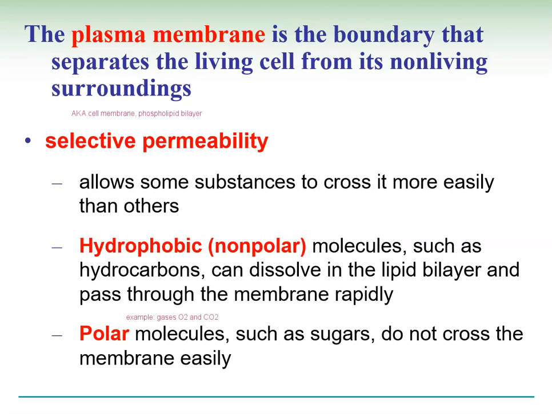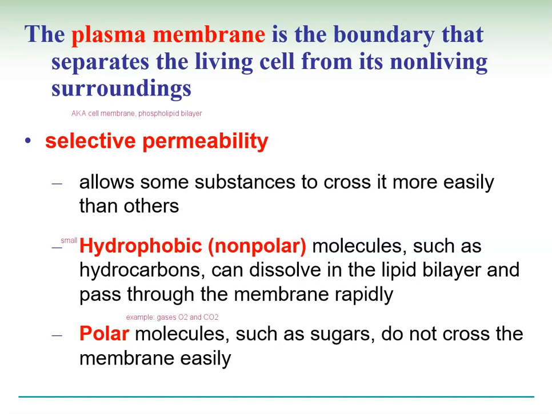Let me add a note here that these are also generally small in size. So small hydrophobic nonpolar molecules are preferred to go directly through the plasma membrane, versus large polar molecules such as sugars, which cannot cross the membrane easily.